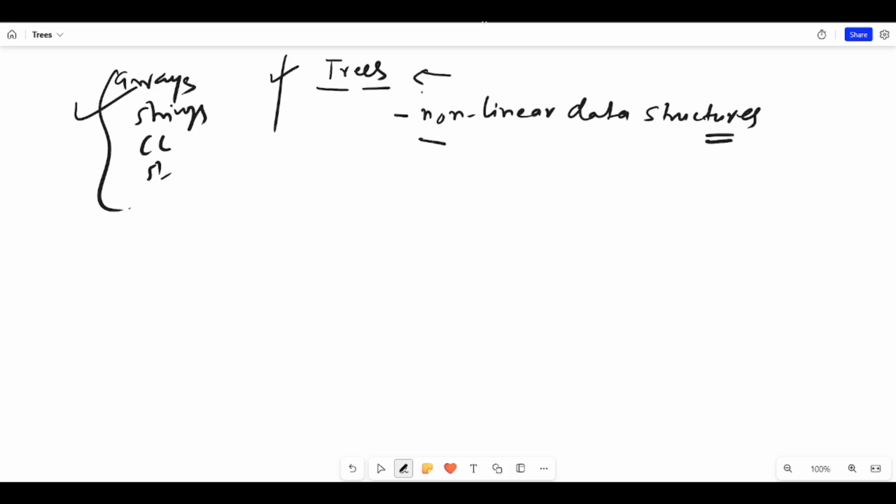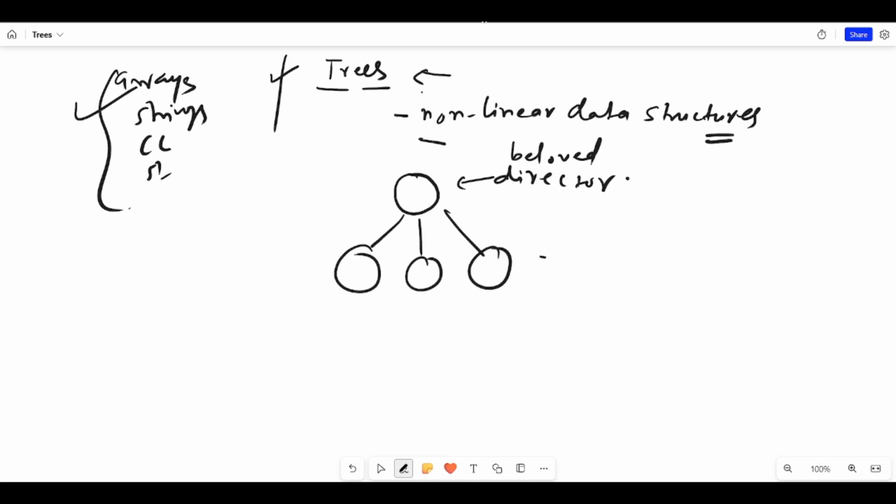So take the example of a college system. We know that in a college, at the topmost part, we have the director, or rather say beloved director. Now, below this director, we have say deans or principals.